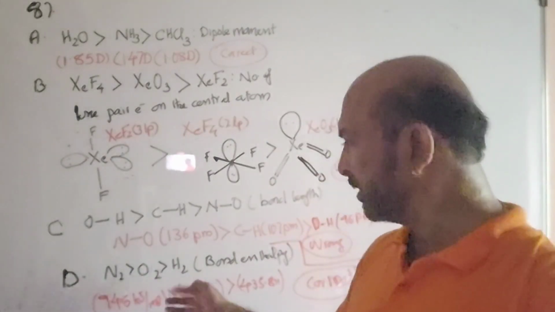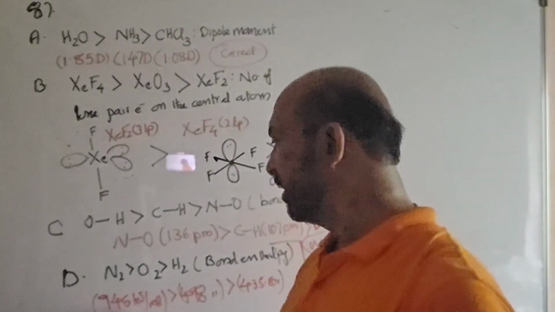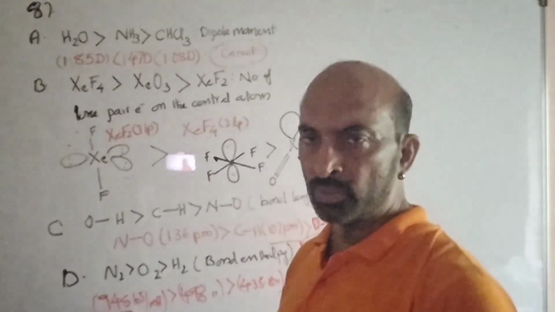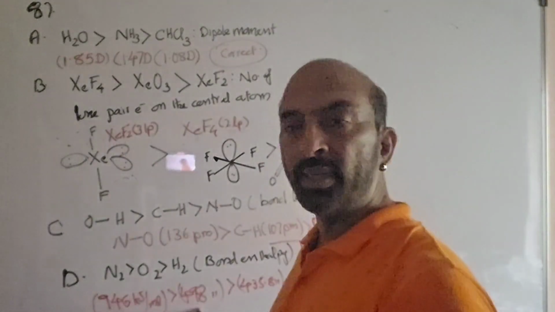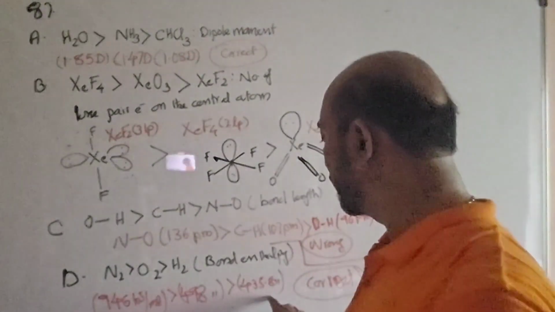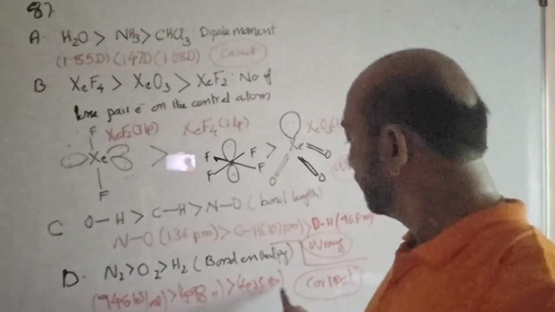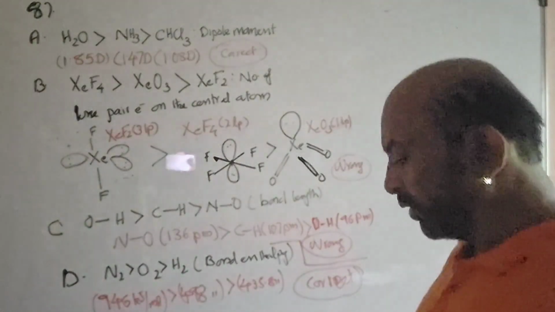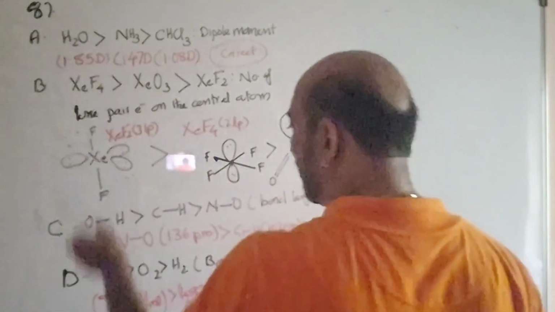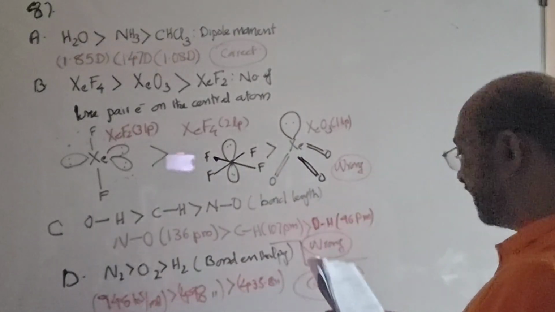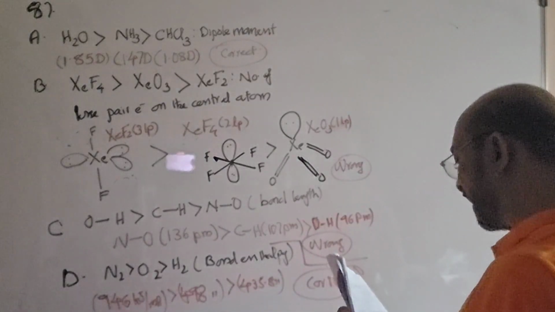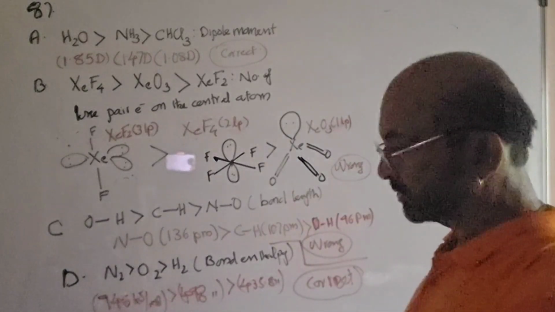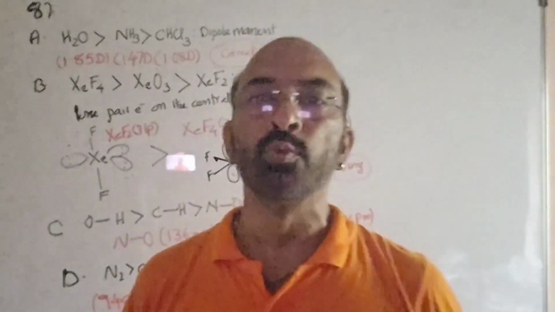The values are also in the textbook: N2 946 kJ per mole, O2 498 kJ per mole, and H2 435.8 kJ per mole. So that is correct. Only A and D are correct; B and C are wrong. A and D, so 2 is the answer. Question number 87, answer is 2.